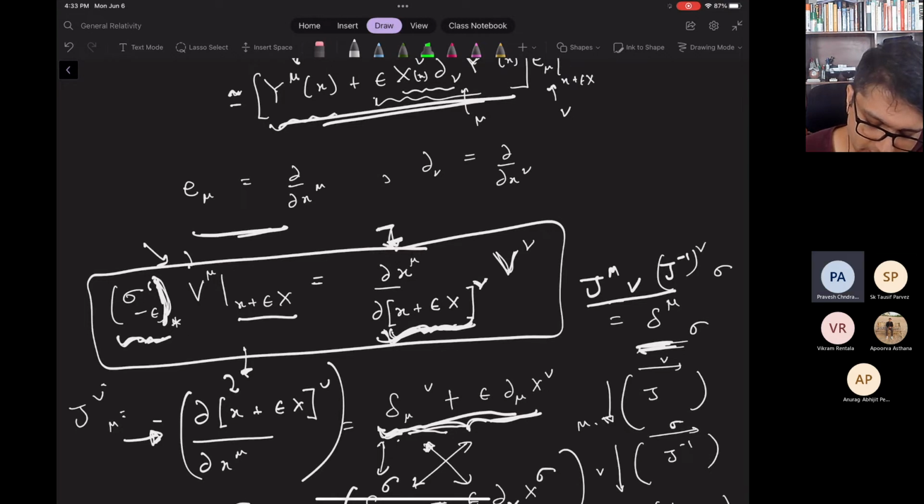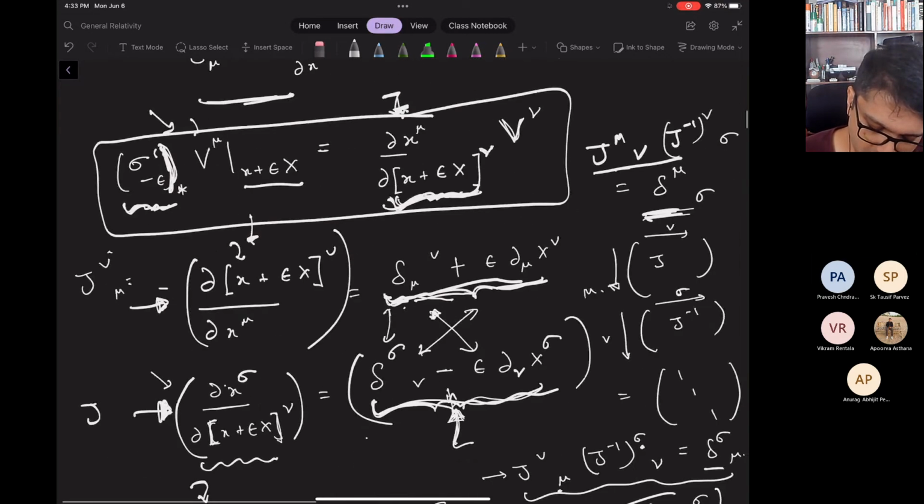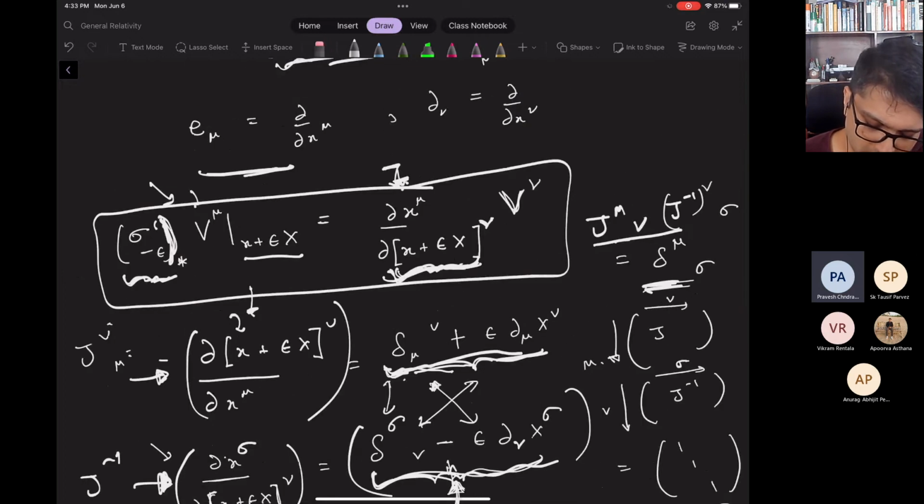Yes, this is the inverse Jacobian, which is here. Is it the same that we apply sigma minus epsilon acting on v^μ, we can write it like x minus epsilon x^μ acting on v^μ? X minus epsilon x^μ? Yes, sir.